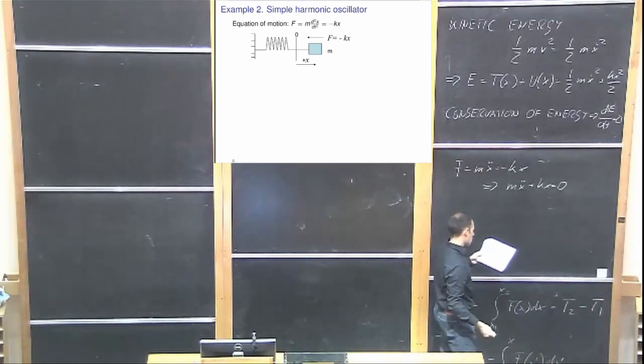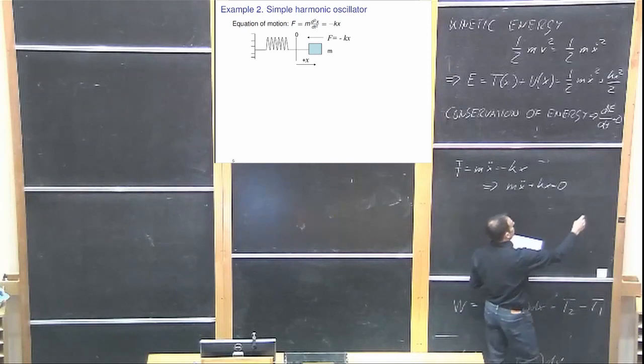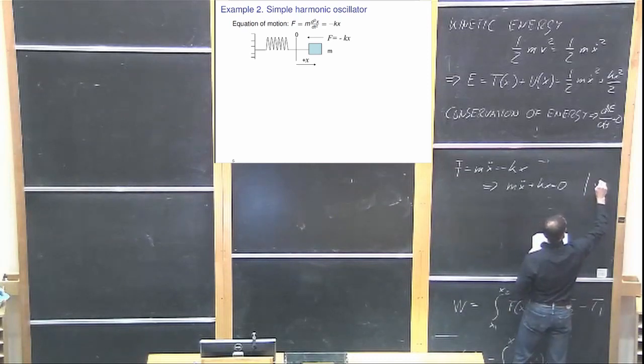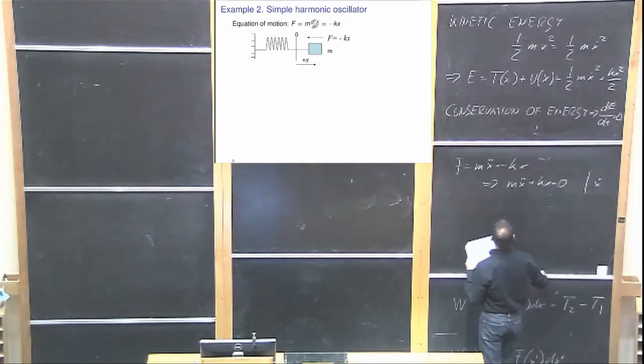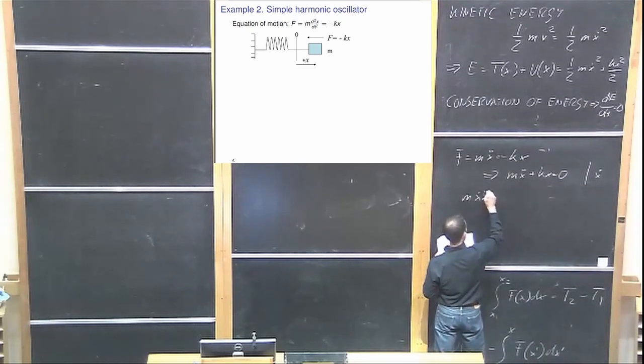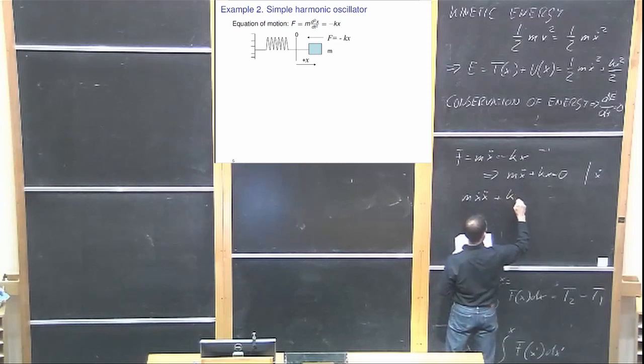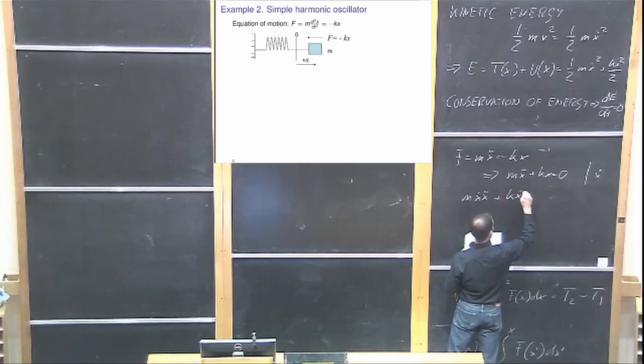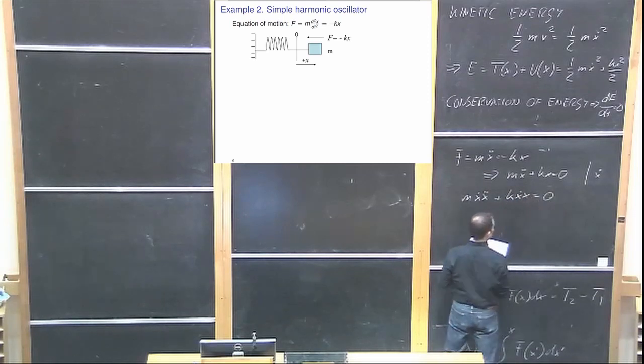Now, if I multiply both by x dot, I arrive at m x dot x double dot plus kx x dot equals 0.